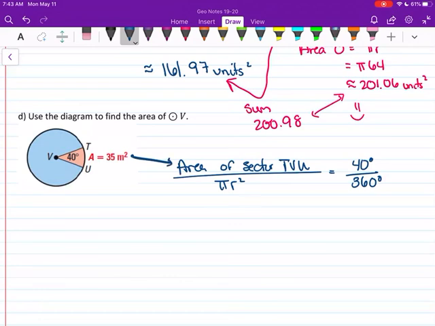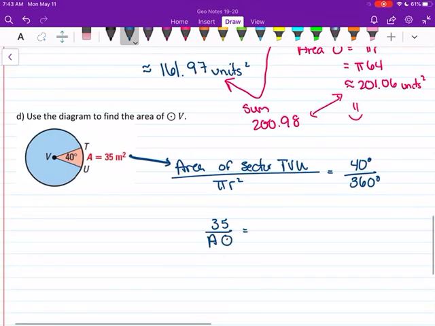The area of the sector, they give that to us. That's my 35. So I have 35 divided by the area of the circle equals 40 degrees divided by 360 degrees. I'm just going to leave the area of the circle as a capital A. Remember, pi r squared is just the formula for the area of the circle.